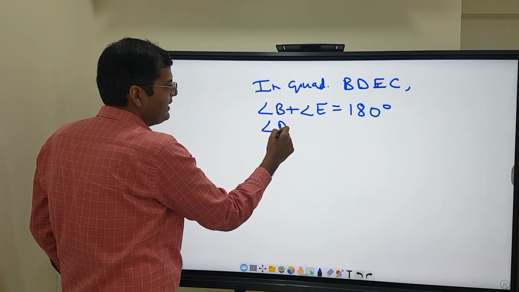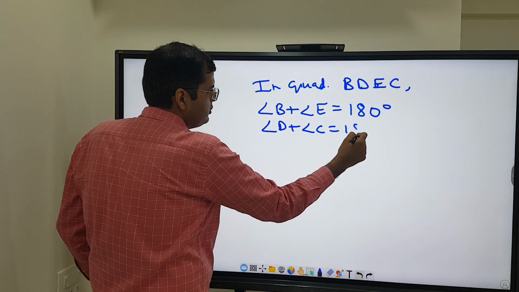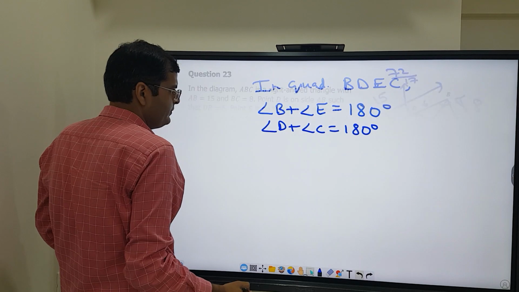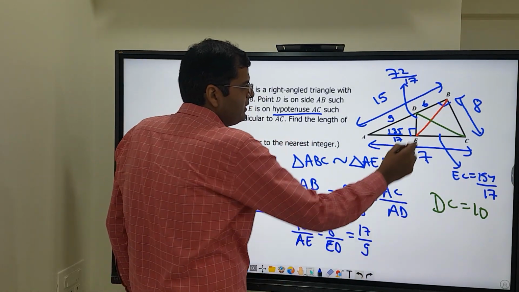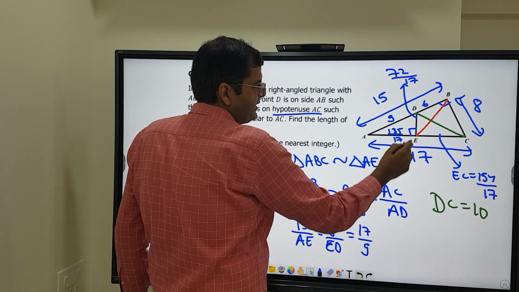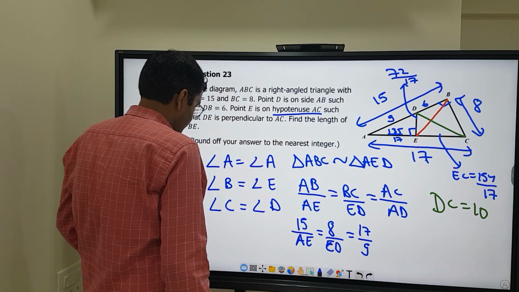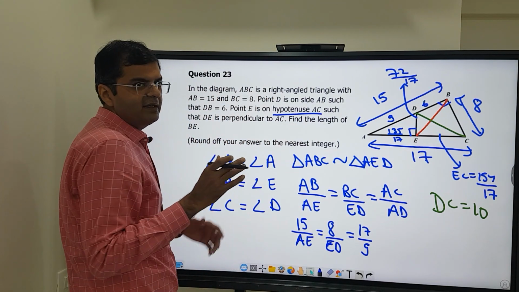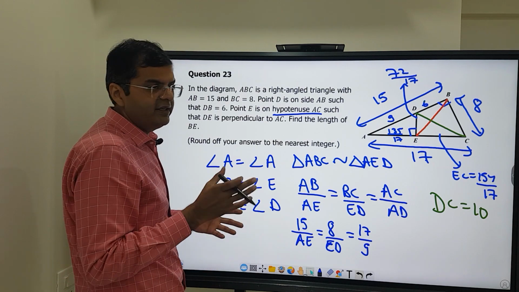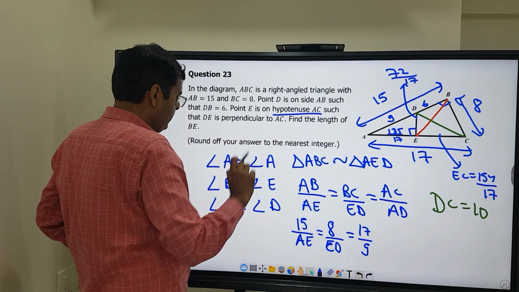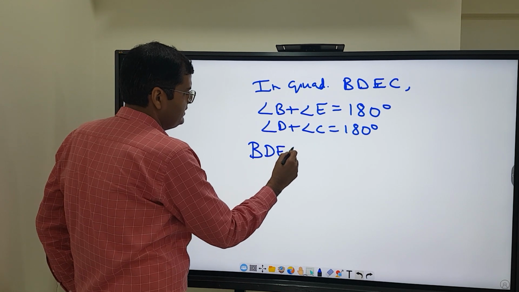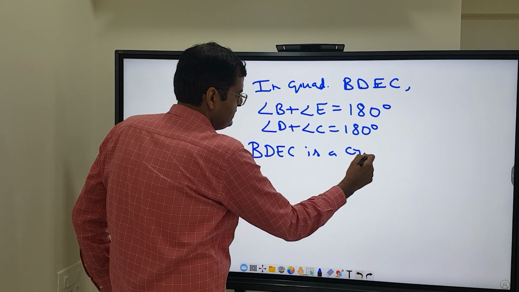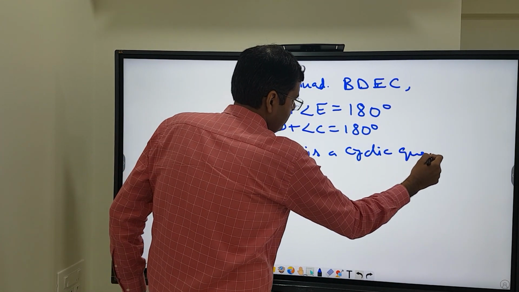So that means angle D plus angle C should also add to 180 degrees, because all the 4 angles should add up to 360. So angle B plus angle E is 180, so angle D and angle C is also 180. That means if opposite angles are adding to 180, it is a cyclic quadrilateral. That means BDEC is a cyclic quadrilateral.